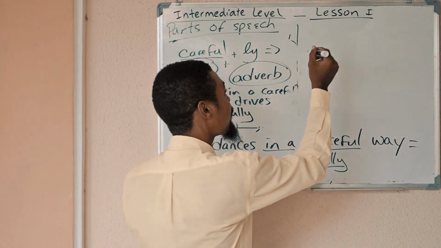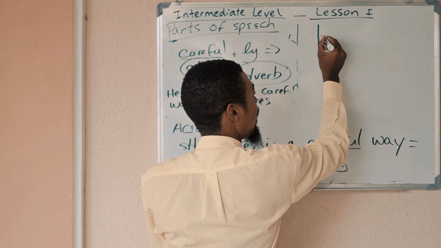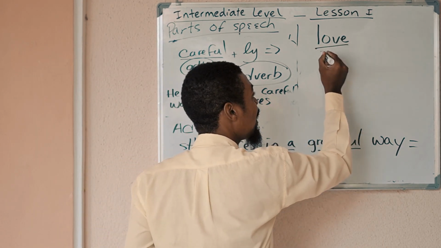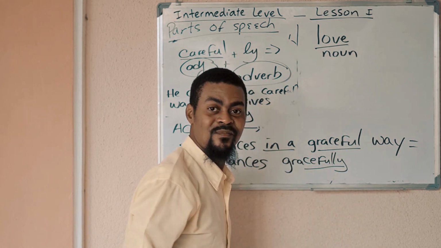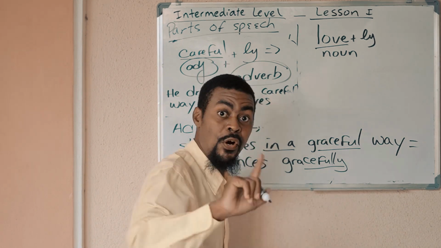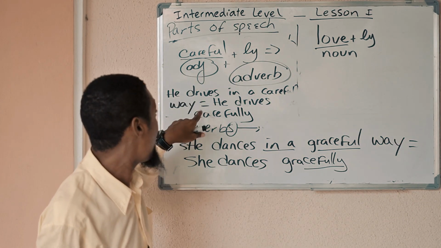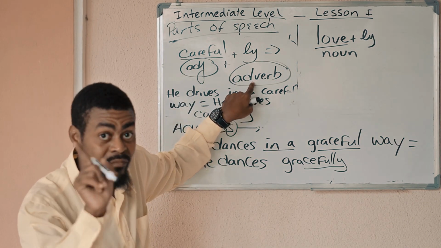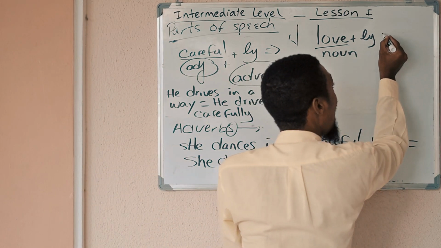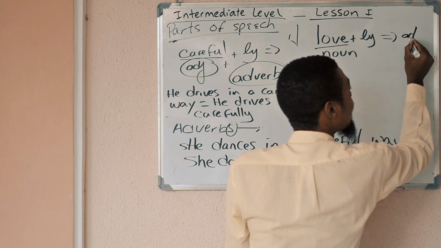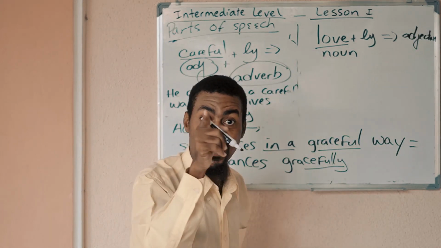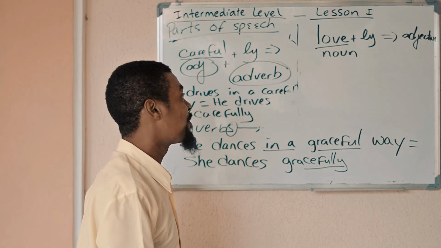Let's look at this. Love is a noun. But when someone says lovely, the person does not have an adverb. No way. When you have a noun plus ly, it becomes an adjective, not an adverb.